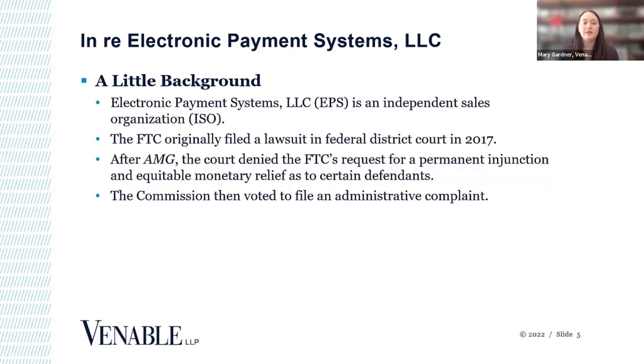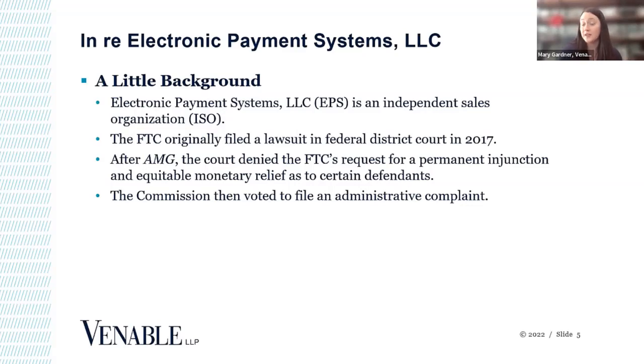Although ruling that the EPS defendants violated Section 5 and also assisted and facilitated the merchant's TSR violations, the court found that the FTC was not entitled to the $4.5 million in equitable monetary relief under Section 13(b) in the wake of AMG, and also, very interestingly, found that the FTC was not entitled to a permanent injunction because EPS had ended its relationship with the merchant, and the FTC had not been able to provide any evidence of additional violating conduct in the 6 years since it had filed the case.